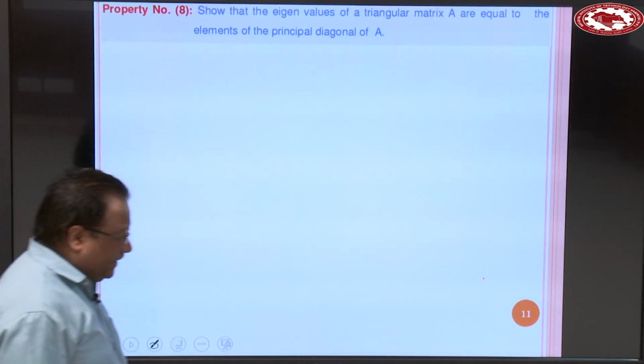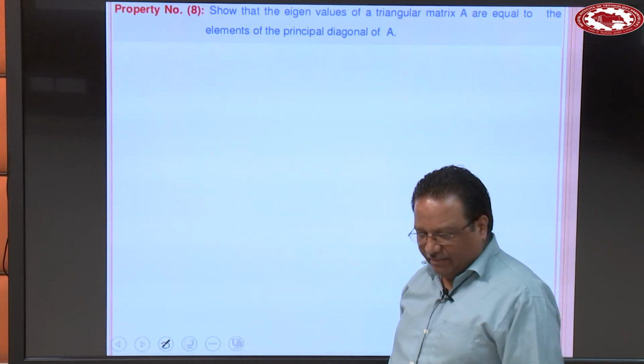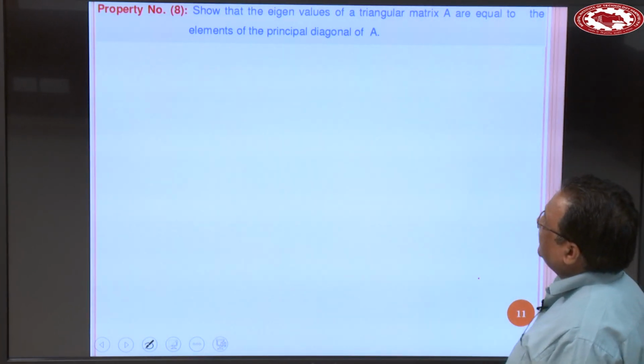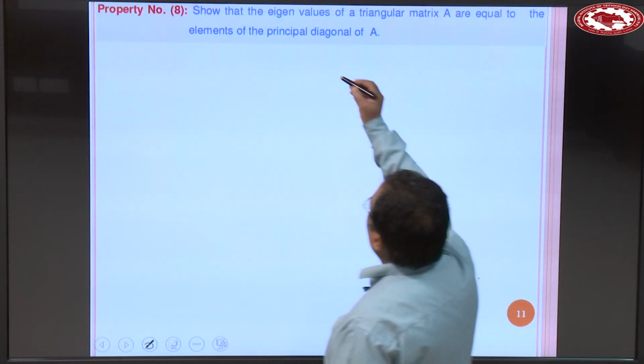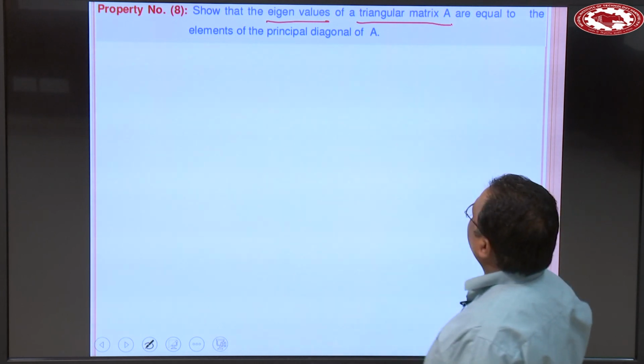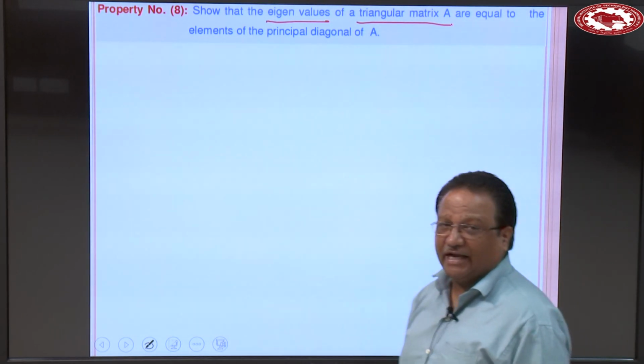Now, property number 8. This property is also important. Show that eigenvalues of a triangular matrix are equal to the elements of the principal diagonal.